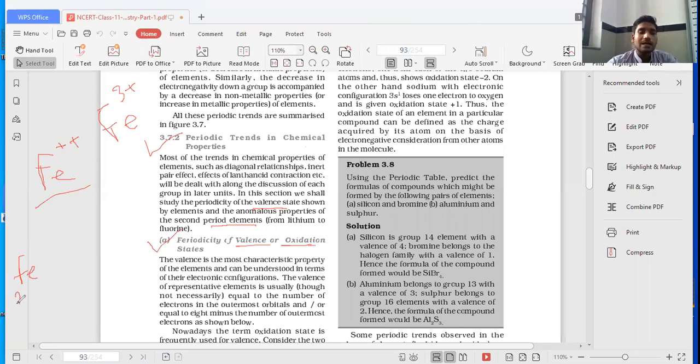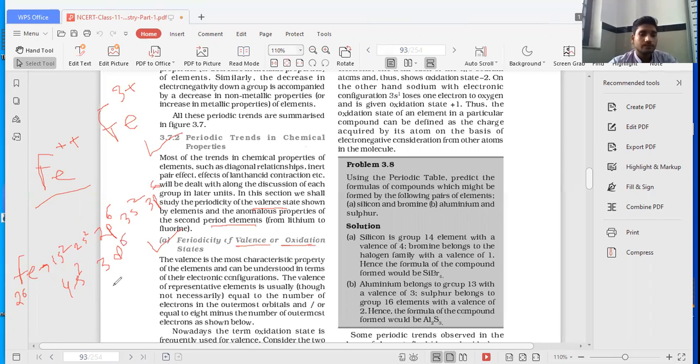You know that the atomic number of iron is 26 and the electronic configuration is 1s2, 2s2, 2p6, 3s2, 3p6, 4s2 and 3d6.